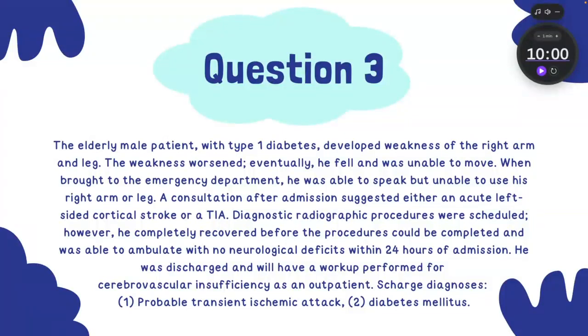Also, we should be assigning a code for the diabetes because even though no treatment was given for it, it is a condition that always requires clinical evaluation when any other medical problem is present. And what else did I want to say to you? When I say clinical evaluation, I want you to refer to section 3 of your ICD-10-CM guidelines. It gives you a list of reasons to assign secondary diagnoses.